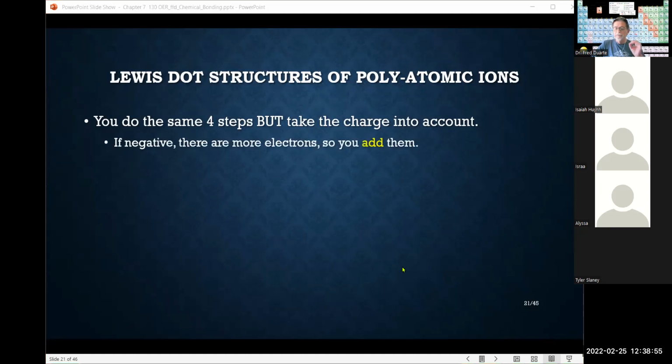If it is a negative ion, we're going to add a number to it. We're not really adding electrons. Those electrons are there, they were bonded with something else, but that something else was removed, resulting in the charge of that ion.